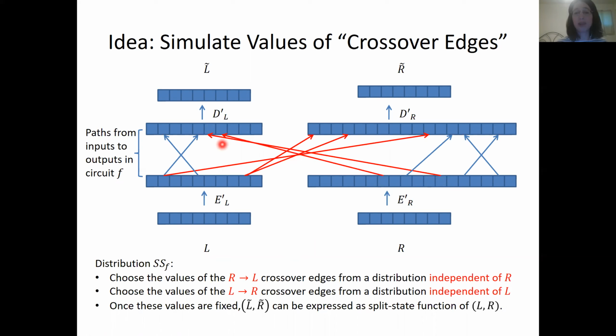So the right to left crossover edges can be sampled from a distribution independent of R, and the left to right edges from a distribution independent of L. Once we fix these values, we can view the entire tampering experiment as a split state function in L and R, which is our goal. So the distribution over functions comes from choosing these edges from a distribution. Once we do that, we have a split state function.